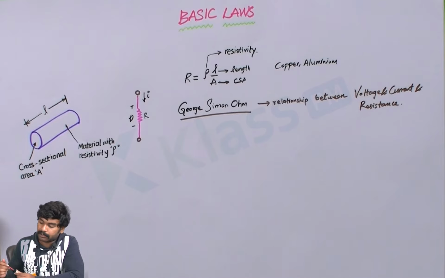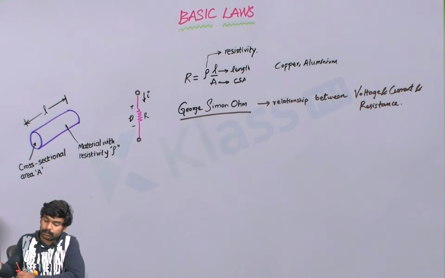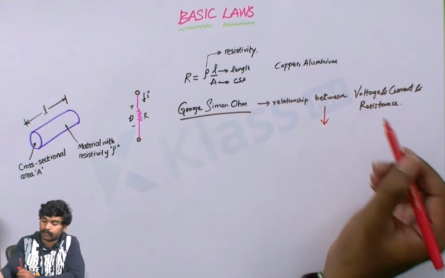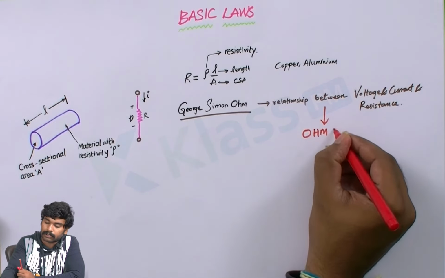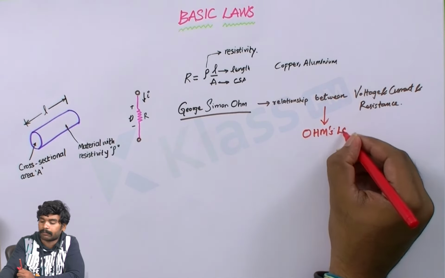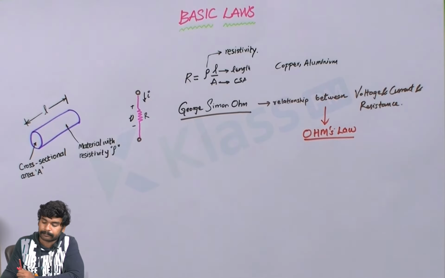That relationship is widely popular as Ohm's Law. So this relationship between voltage, current and resistance is what is known as Ohm's Law. Because it was given by him, the law is placed under his name.